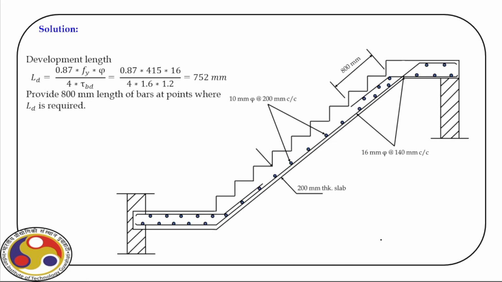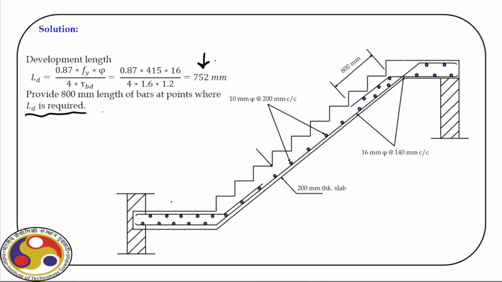The next step is to find out the development length for checking, and we have to detail it out. As you can see here, the development length is 752 millimeter. So we provide 800 millimeter length bars at points where Ld is required, so at the ends.